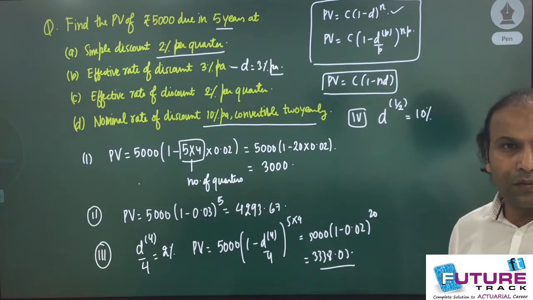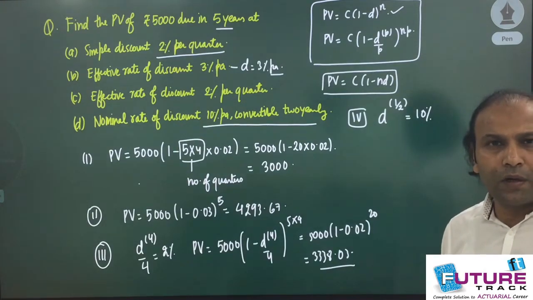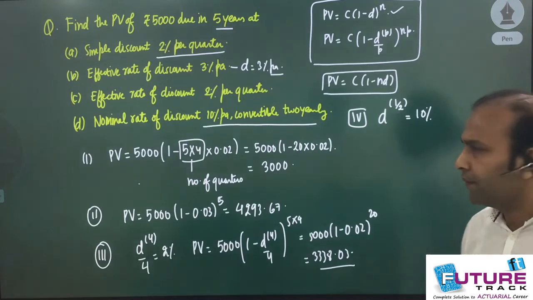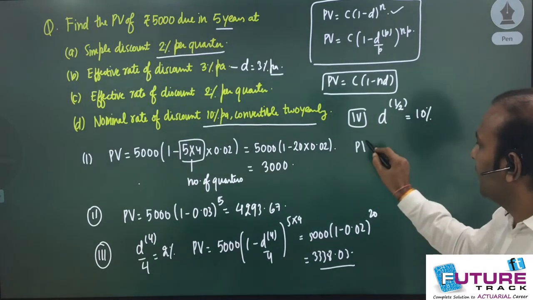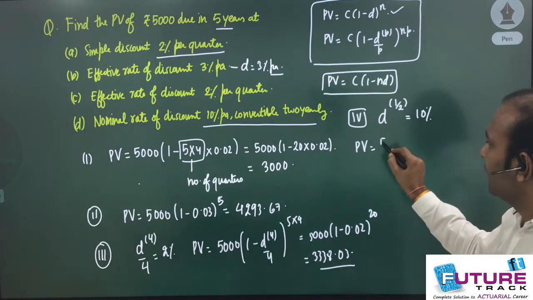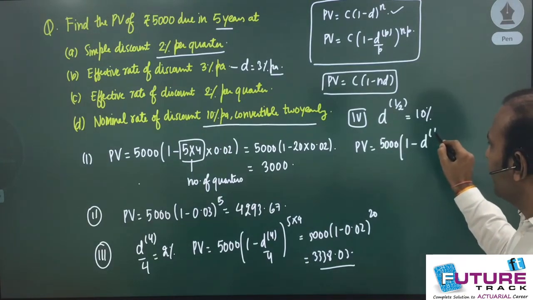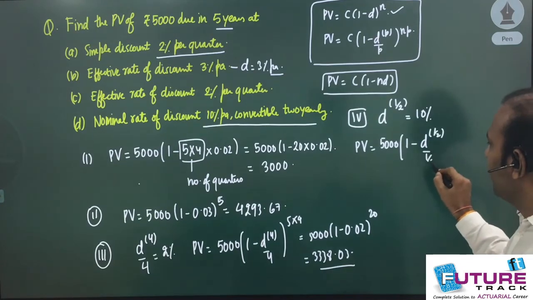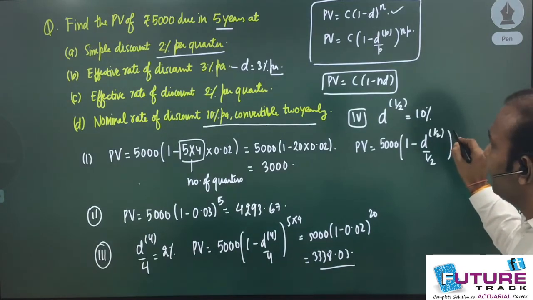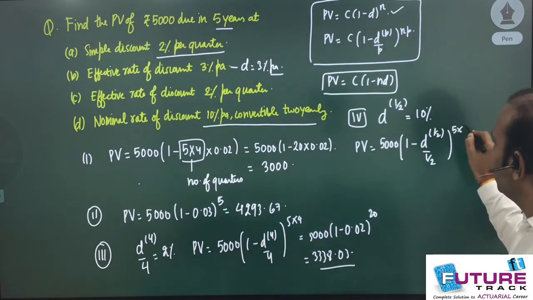So to calculate the present value, we have to convert nominal to the effective. So my present value formula will be 5000 (1 minus d half divided by half) raised to power 5 into half.